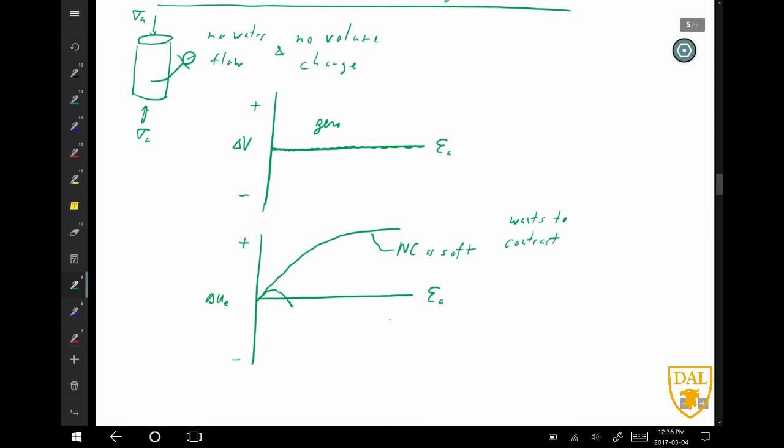And so the pore pressure starts to decrease. Okay, and you have a negative change in pore pressure. Okay, for over-consolidated soils or stiff soils. Clays, I should say.